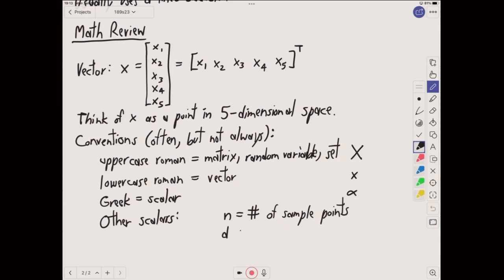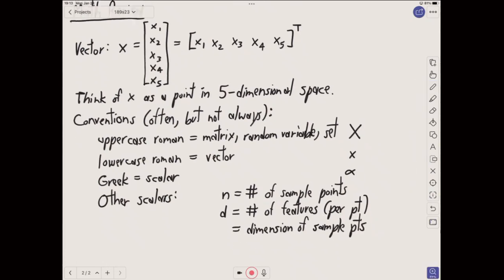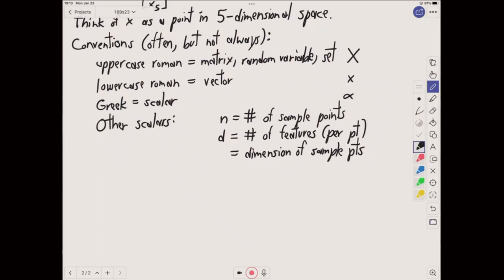And likewise, d will always mean the number of features per sample point, which you can also think of as the dimension of the sample points. And of course, following standard usage, i, j, and k will usually be integer indices.